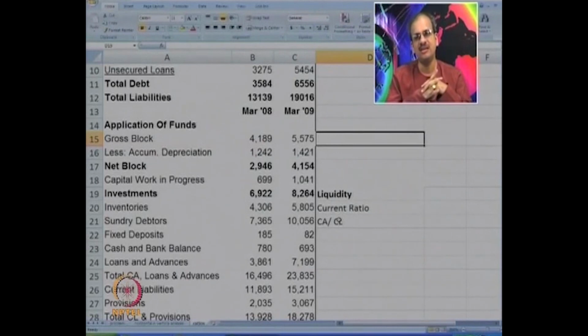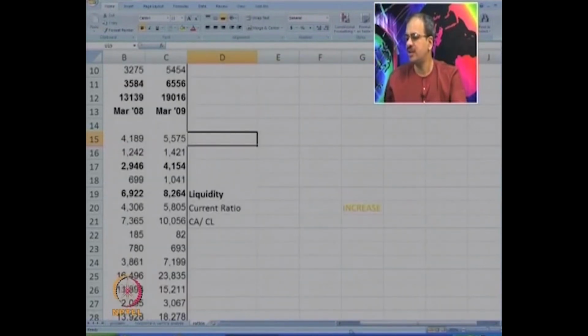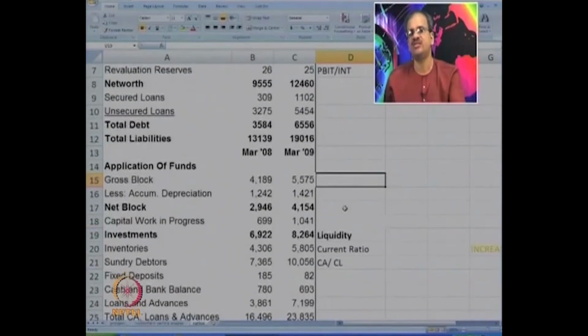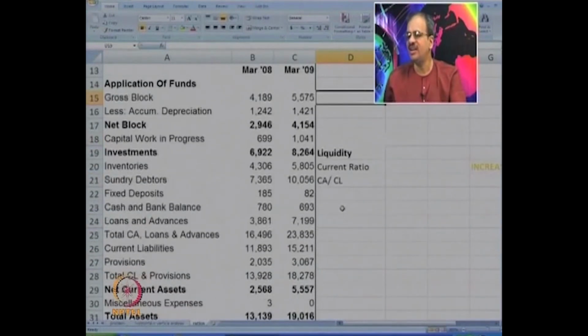We had also seen ratios which focus on profitability, returns, stability and so on. Let us try to calculate each of these ratios. The first ratio, as you can see, is, we will go in the sequence in which we had gone earlier. For liquidity, one of the important ratios is the current ratio.